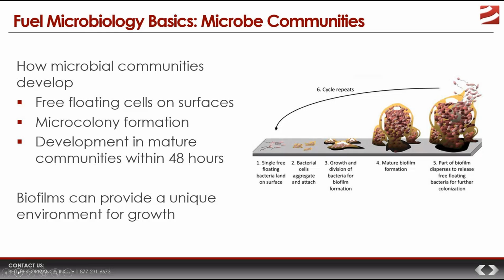And if you consider that a biofilm sheet is not uniform all the way through, that means you could go to one area and have a different oxygen level and different sulfur. That causes a different flora of microbes to grow and thrive there. So ultimately, the important point to take away is that where you sample can give you different pictures of what you're going to see inside of that tank.